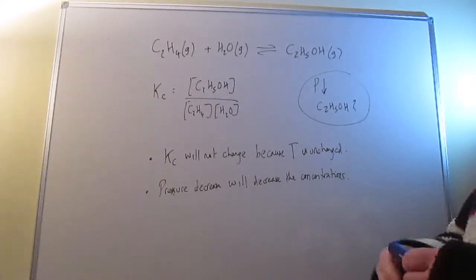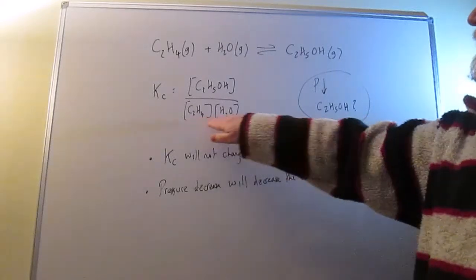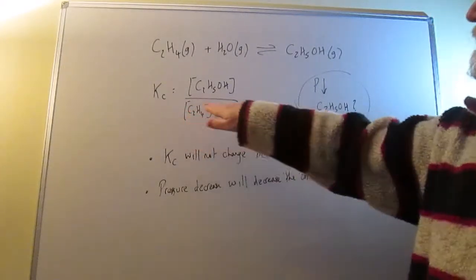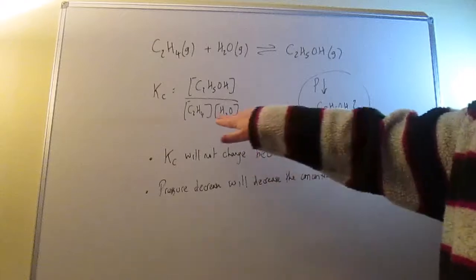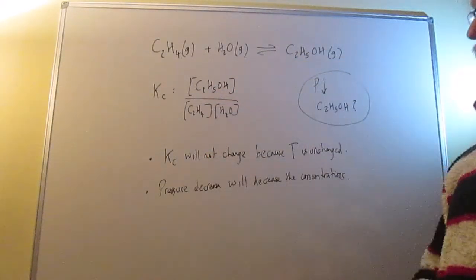And then you think, okay, well, what's that going to do to the top line and the bottom line? And the point is that you've got concentration squared on the bottom line, so each of those terms is going to be decreased, and that's going to give you a bigger overall effect than just having the one concentration on the bottom line.